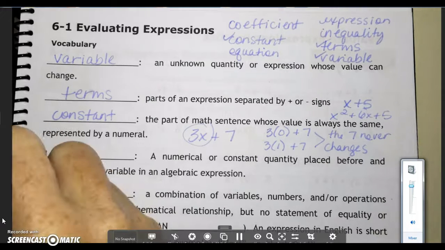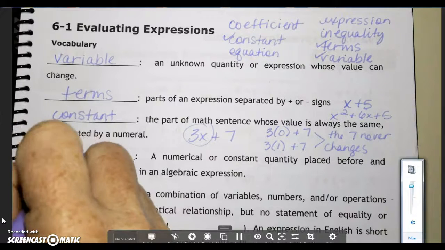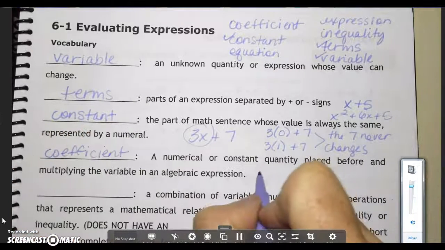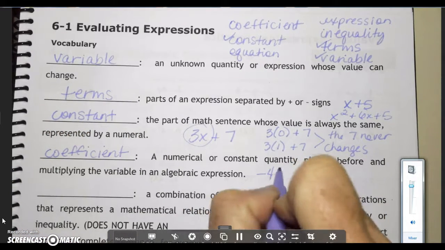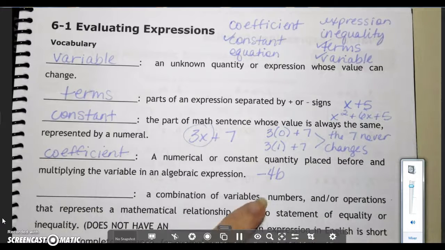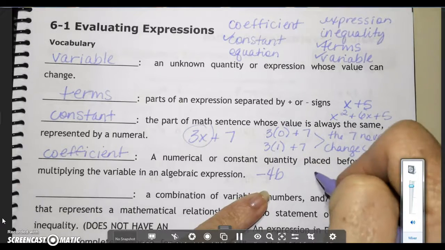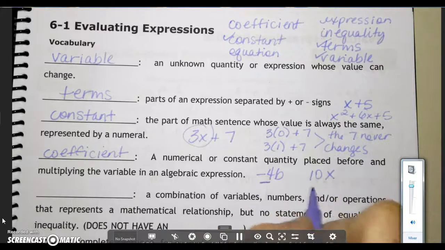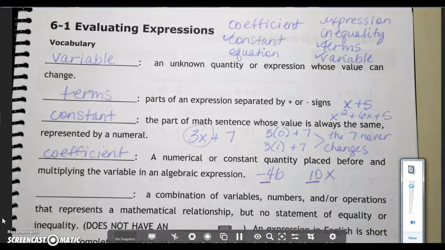Good. Coefficient. So it's the number in front of a variable. So for this one it would be -4. For this one it would be 10. Okay, it's just that number in front.